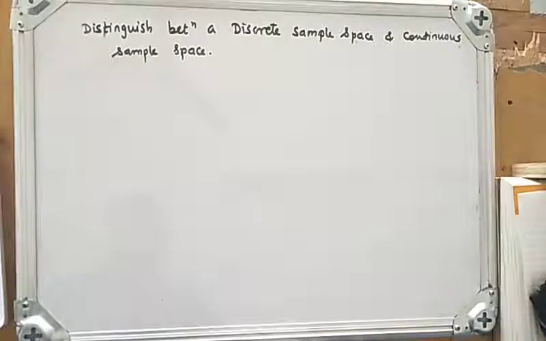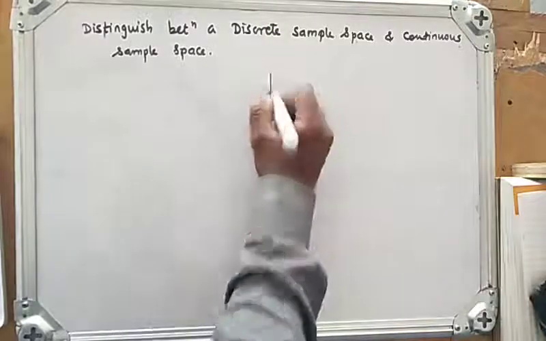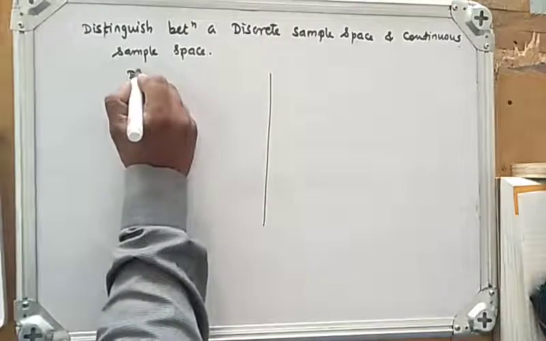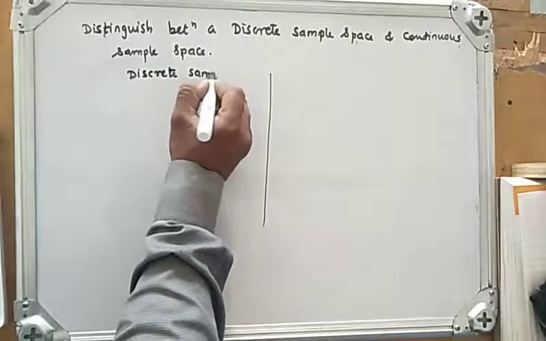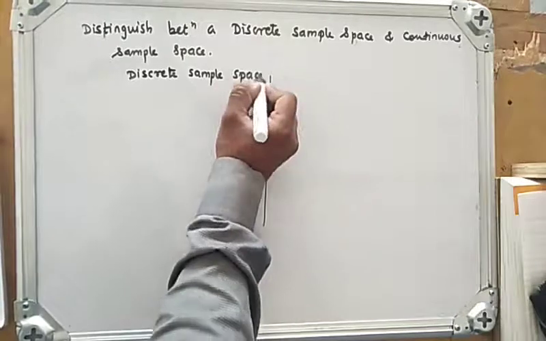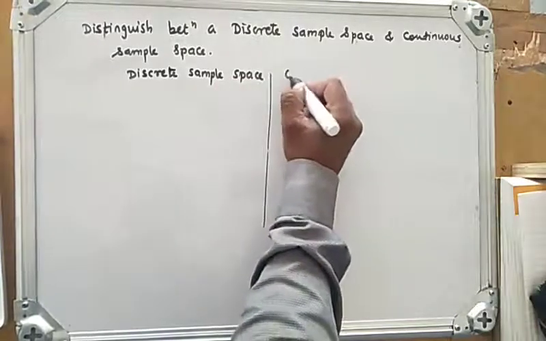So let's see the distinction: first the discrete sample space, and second the continuous sample space.